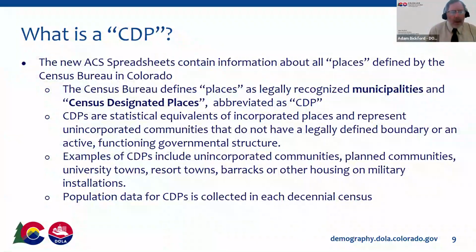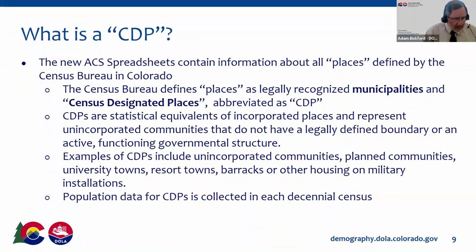So we have a new geography that we are adding to the spreadsheets about places. The Census Bureau defines places as legally recognized municipalities and something called a census designated place.